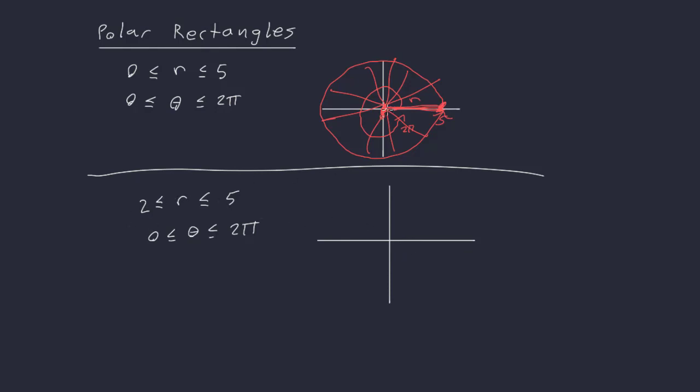However, r, instead of going from 0 to 5, is now going from, say, 2 to 5. Okay, and that is what's making the full rotation. So this is what our region will look like.